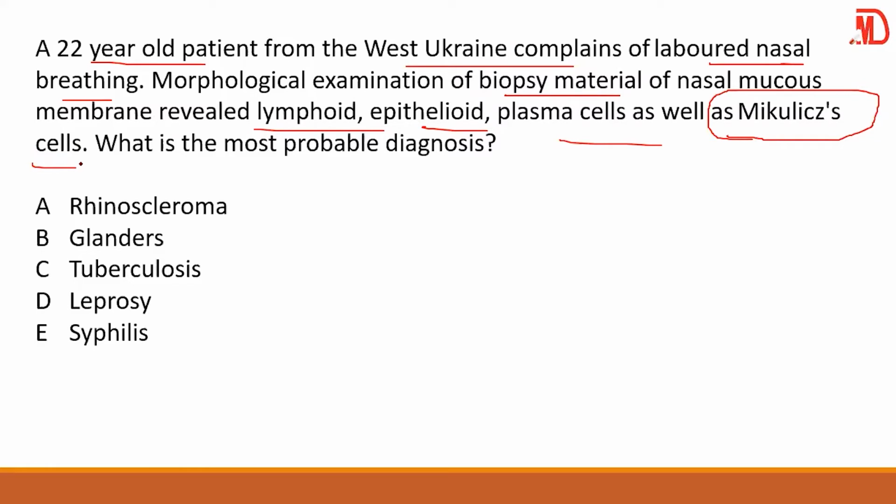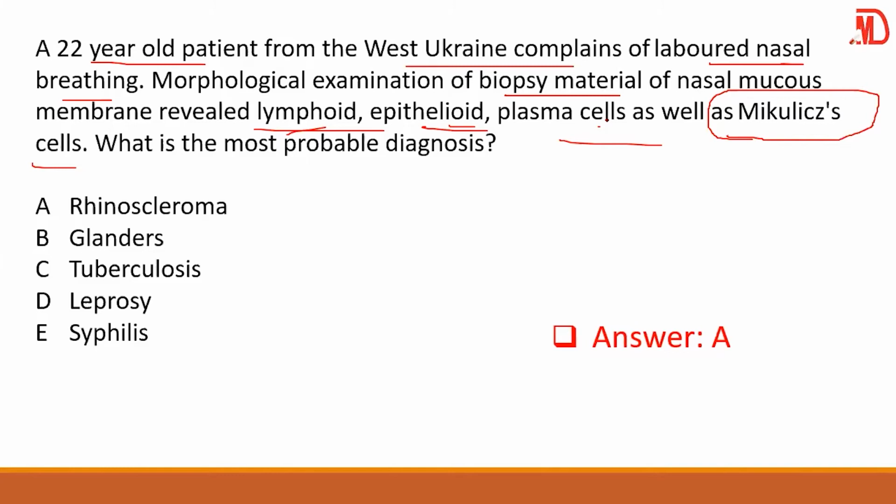We said when we have mucolytic cells, or a scleroma, the lymphoid, epithelioid, and plasma cells all make up the scleroma. But the disease is called rhinoscleroma.